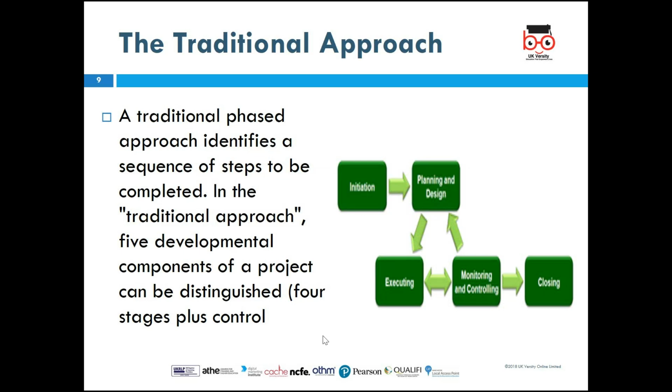If everything is done, then you go to the closing of the project. Every project, as I said, will be initiated and it will end at the closing phase, where you have to close up the project and hand the project over to whoever sponsored the project. So this is the traditional approach to project management.